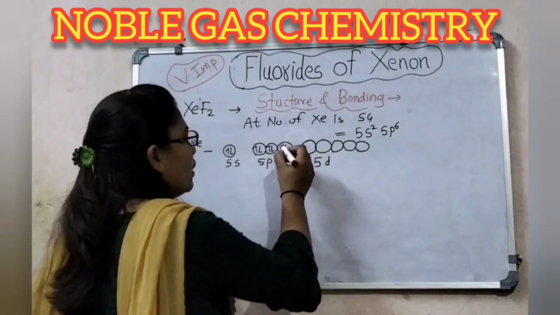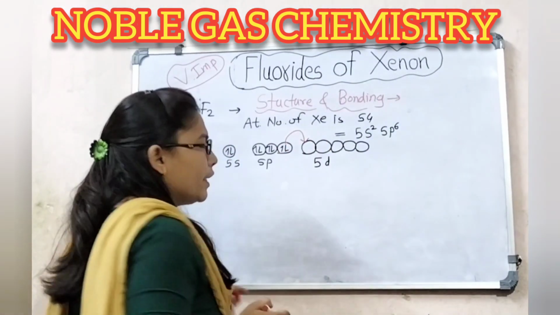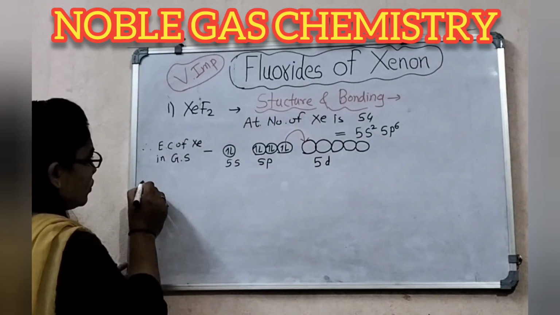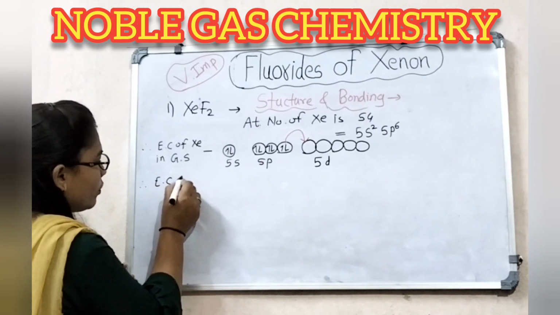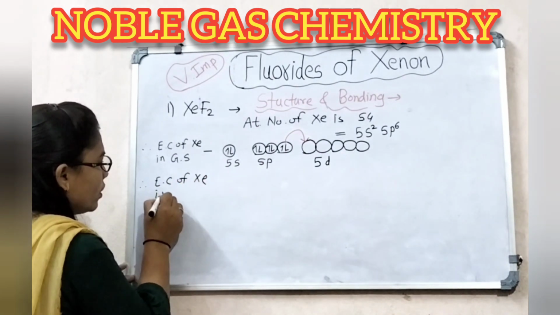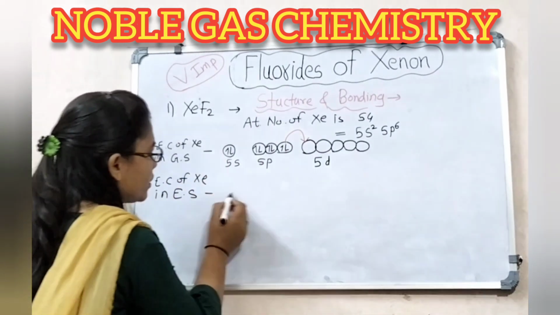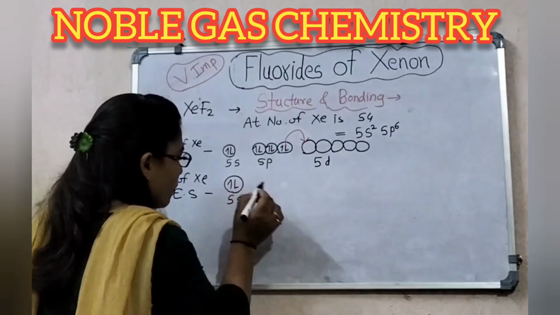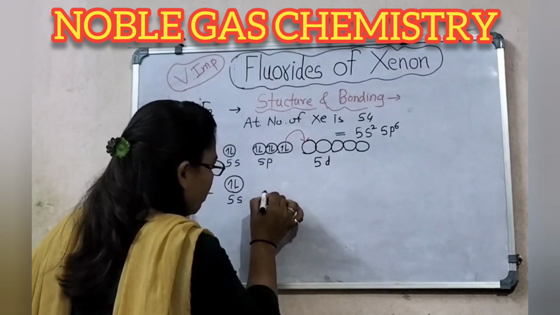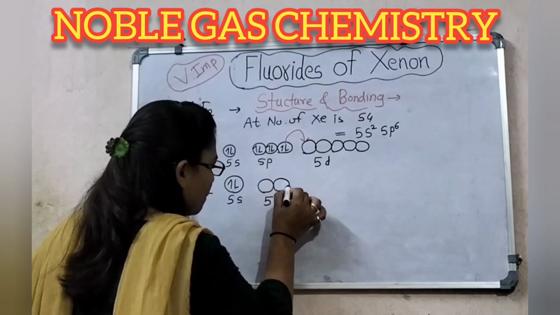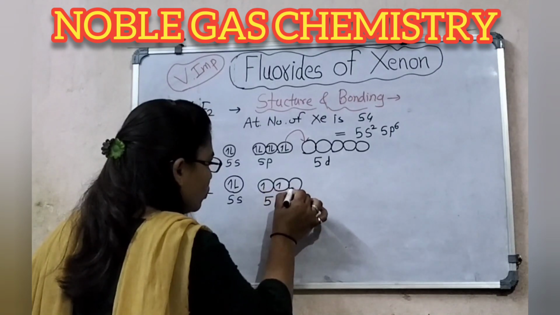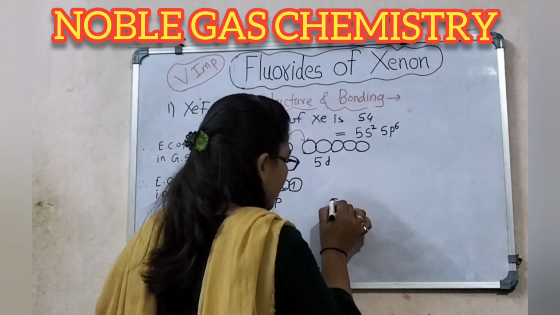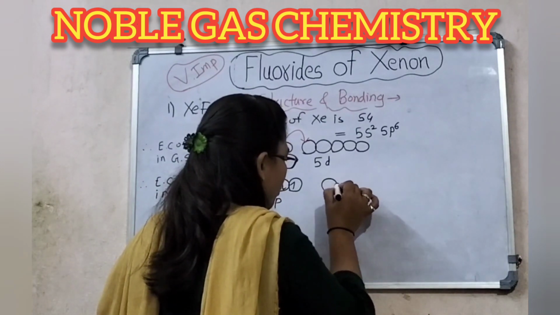In excited state, this electron is shifted to the d orbital, and therefore the electronic configuration of xenon in excited state is 5s2 5p5, 1 2 3 4 5 and 5d1.